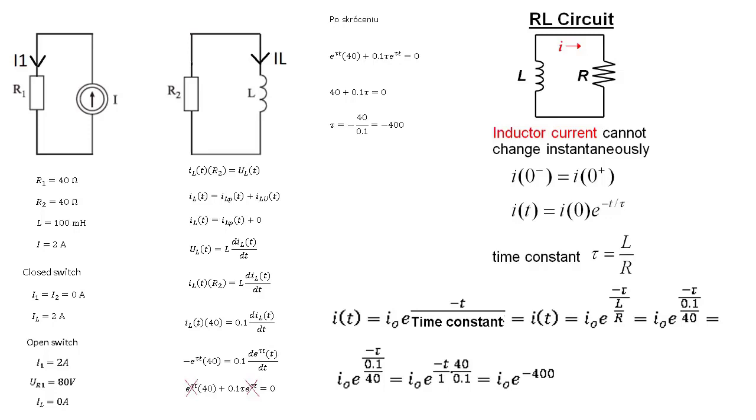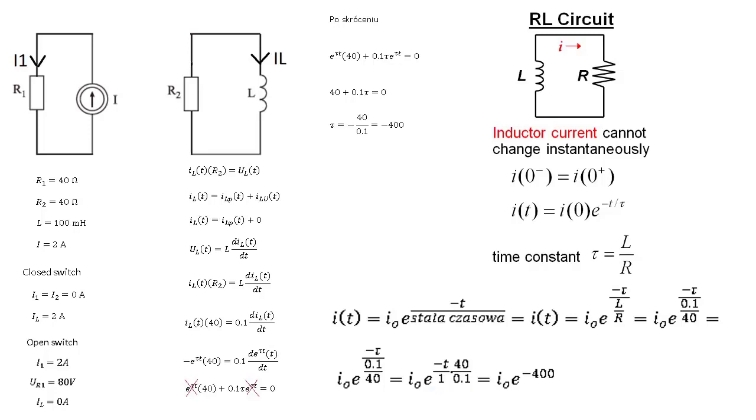Transforming this equation, we get tau equal to minus 400, the exact same value as obtained before. As we know, division, in this case time divided by inductance divided by resistance, can be converted into a multiplication by turning the numerator and denominator, giving minus time divided by 1 multiplied by resistance divided by inductance.